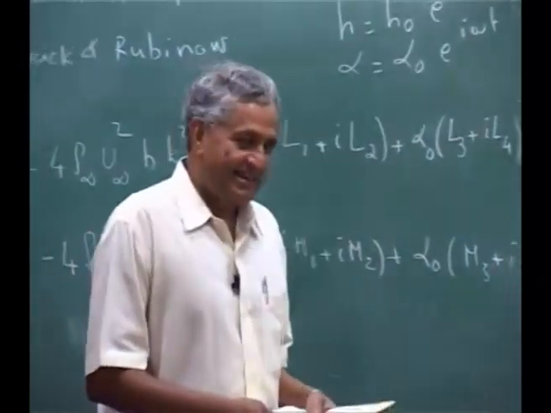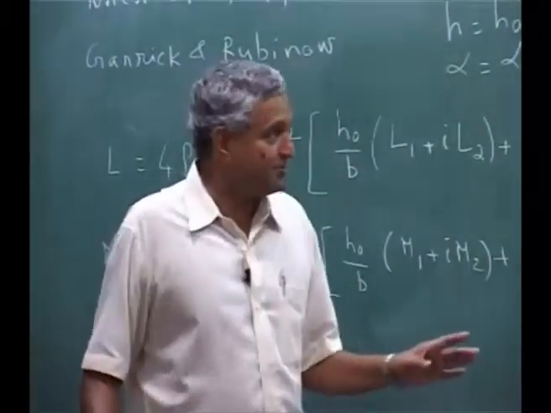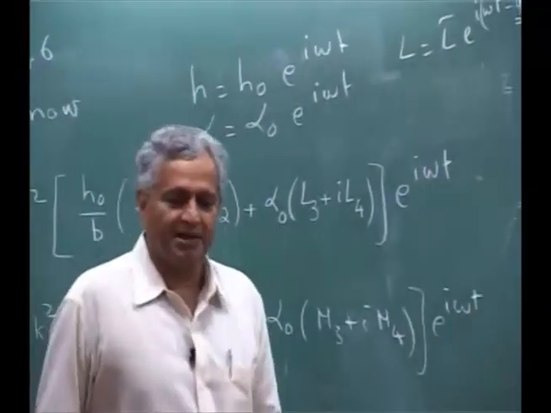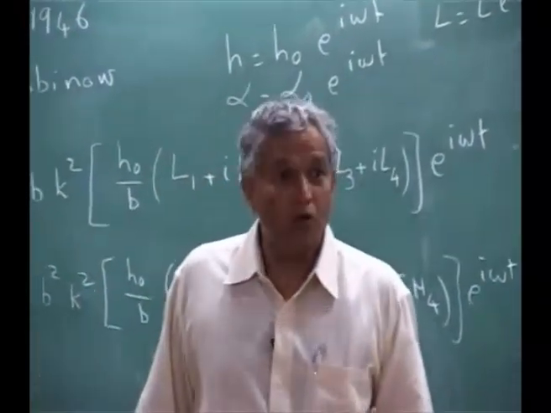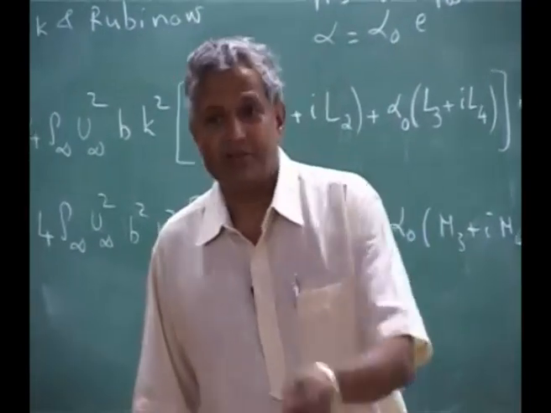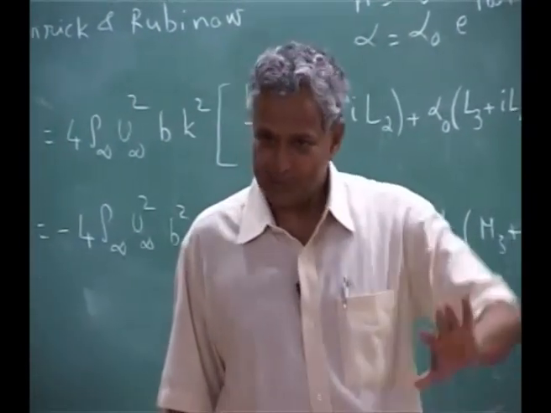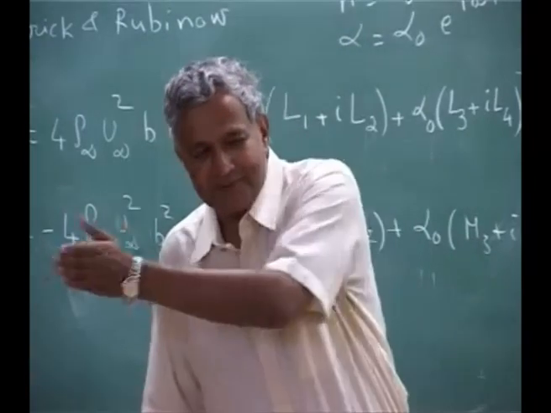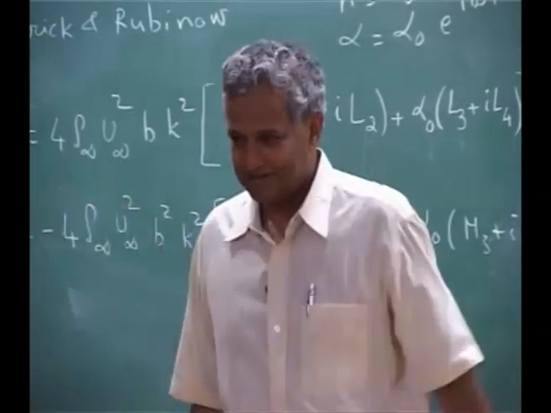Now, this is without making any assumption on the omega. Suppose we make a low frequency approximation, that is one end. The other end is I am making a high frequency approximation.